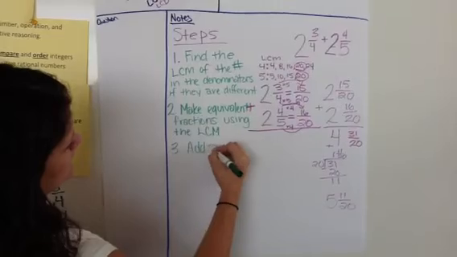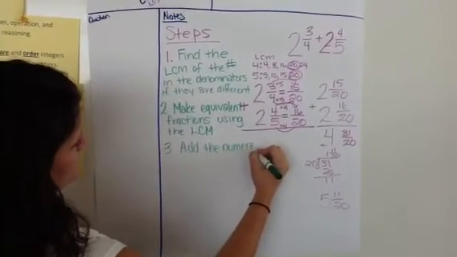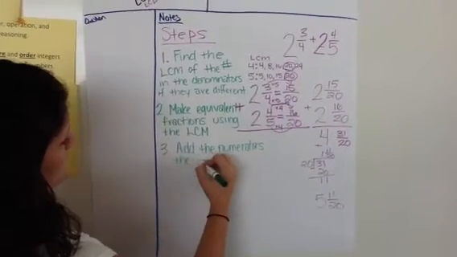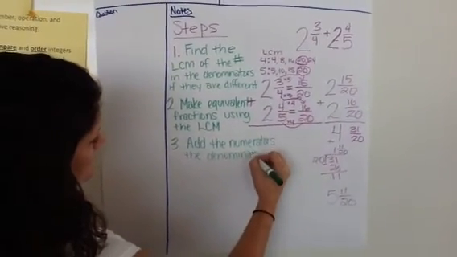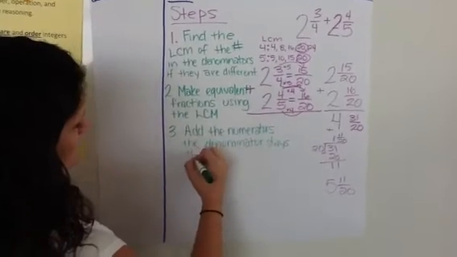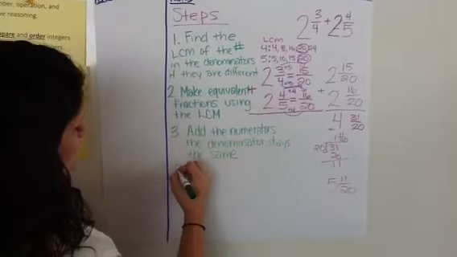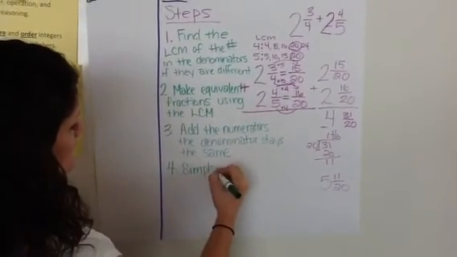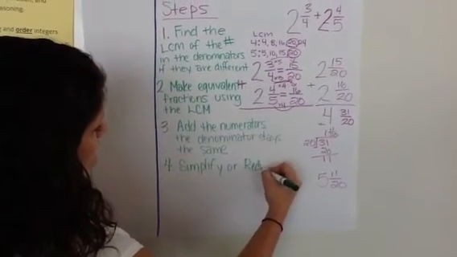And the next step, add the numerators. The denominator stays the same. Then simplify or reduce your fraction.